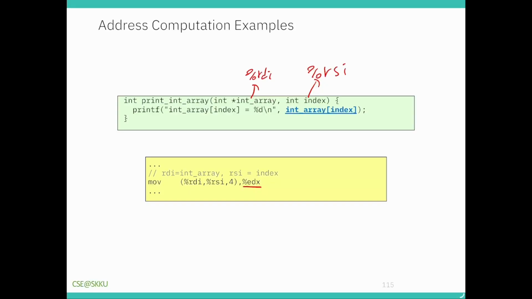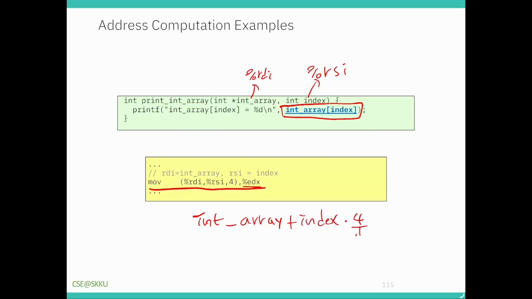You're going to see that this operation in C is equivalent to this assembly instruction. So basically, we're doing integer array plus index times 4, where 4 is the size of an integer.